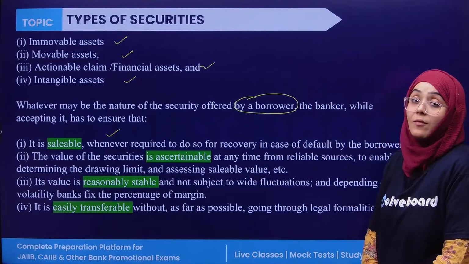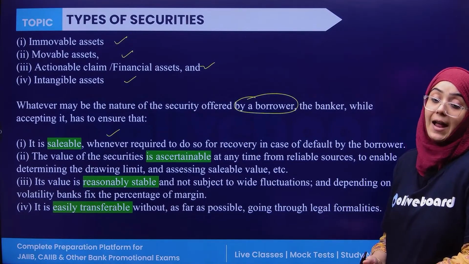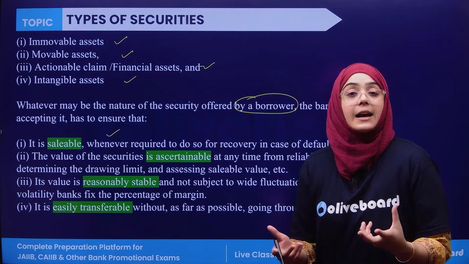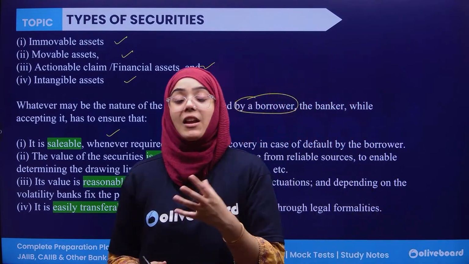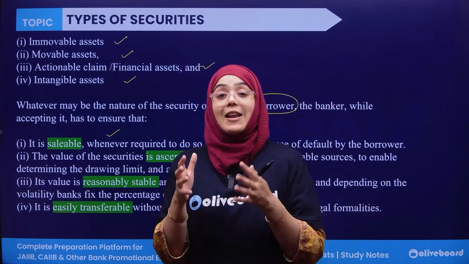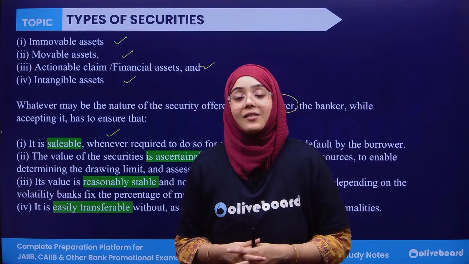Second, the value of these securities should be ascertainable. It means that the value of these securities should be determinable at the current time. For example, if some antique is given as a security, the value of that antique is not actually ascertainable in the current market situation.